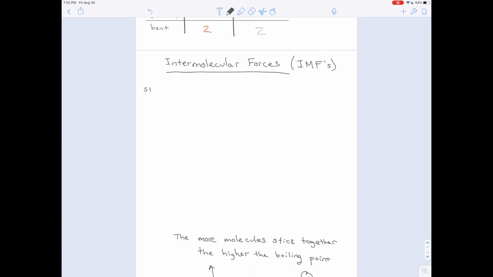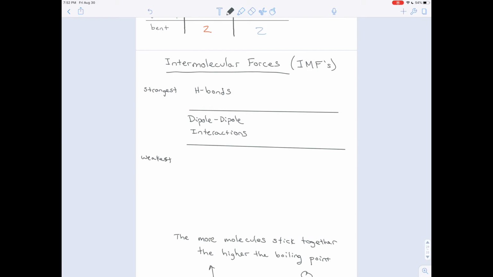And from strongest to weakest, they are hydrogen bonds, dipole-dipole interactions, and London dispersion forces.